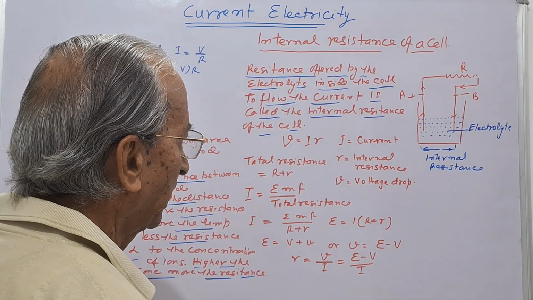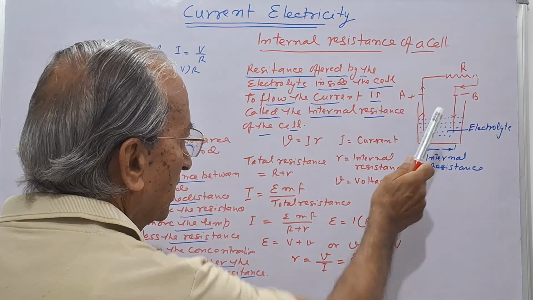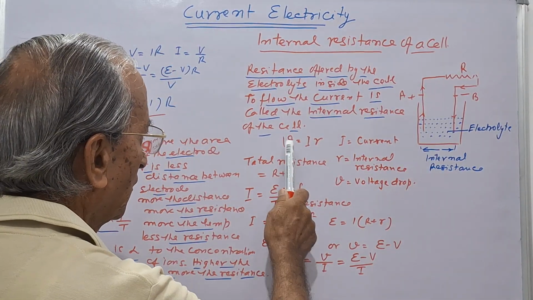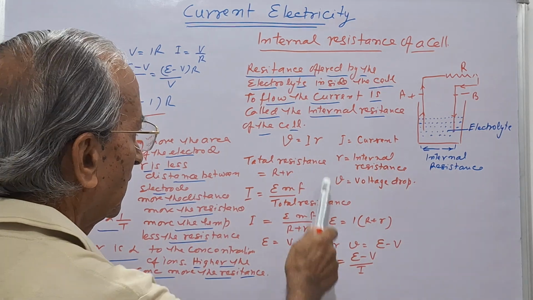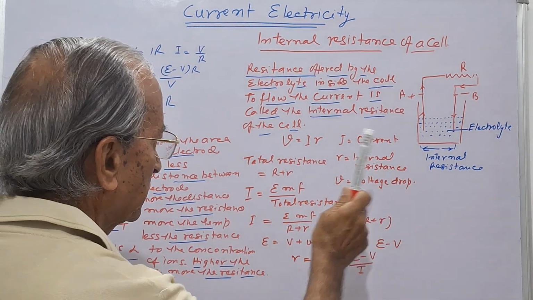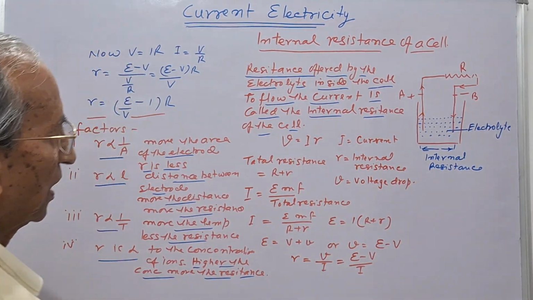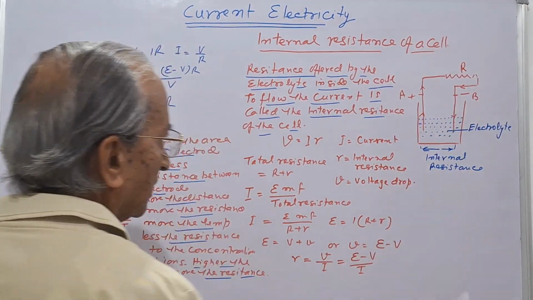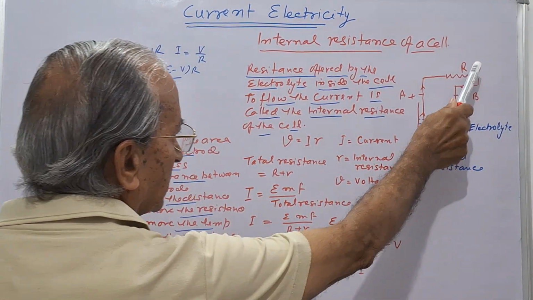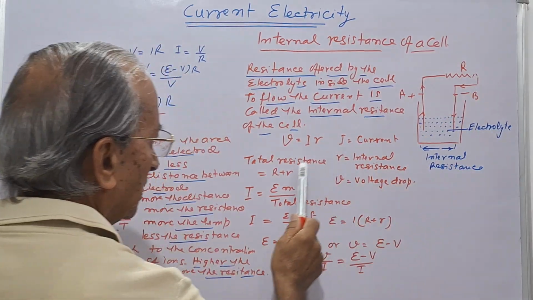And in my last video I explained the voltage drop of the cell. This voltage drop is equal to current into resistance small r. This small r is the internal resistance. Now if we take the complete circuit, outside and inside, the total resistance is capital R plus small r.